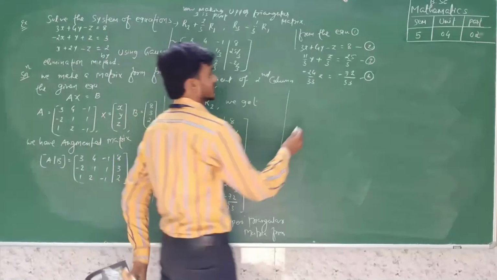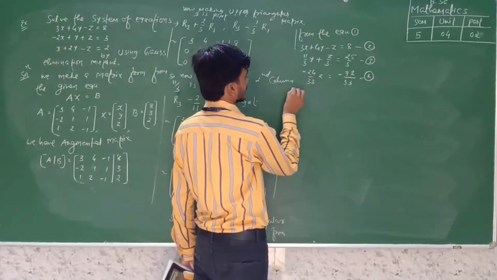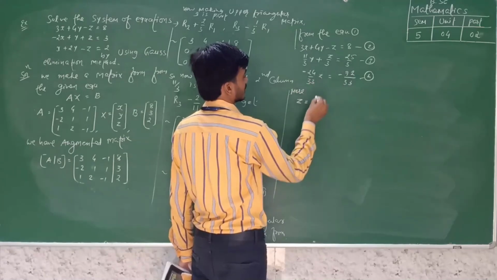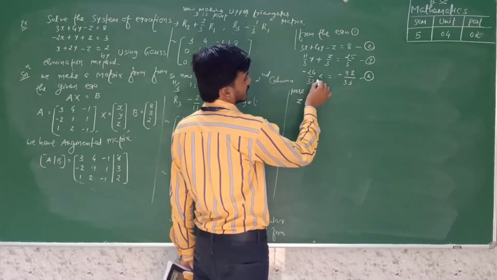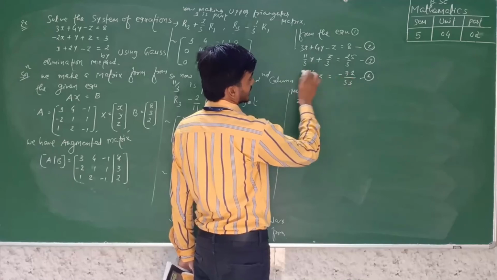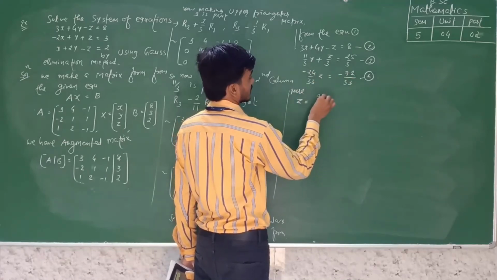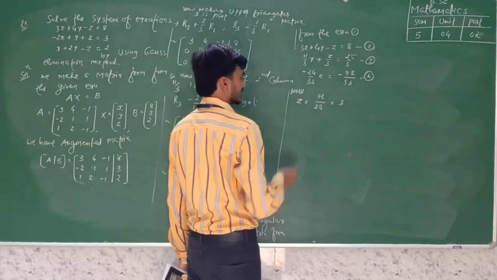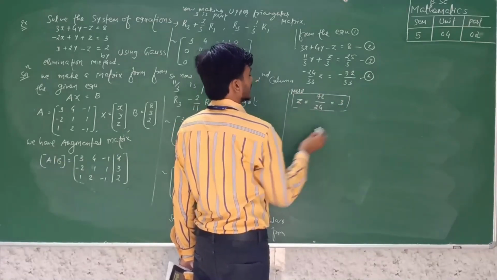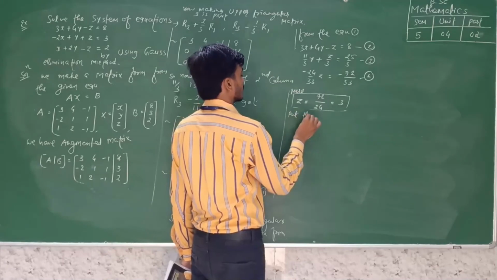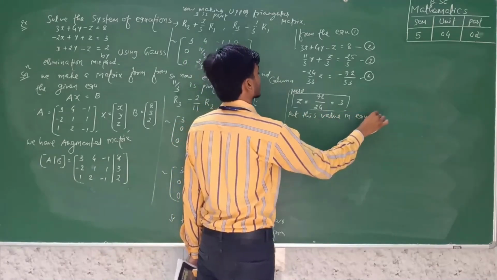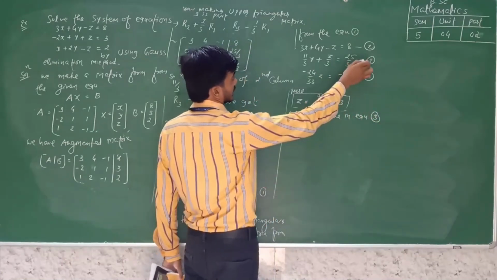Now we can simply and easily solve these equations. So z is equal to minus minus plus, 33 cancels, 72 upon 24, that means z is equal to 3. Put this value in equation 2.